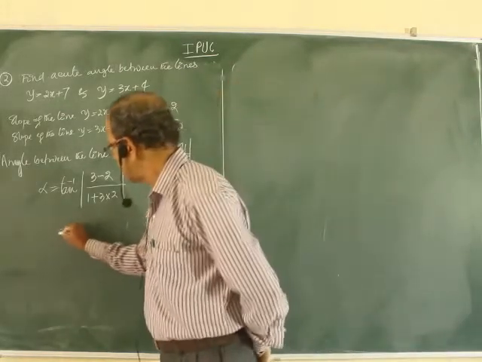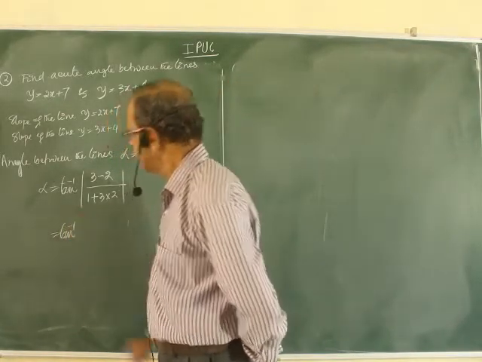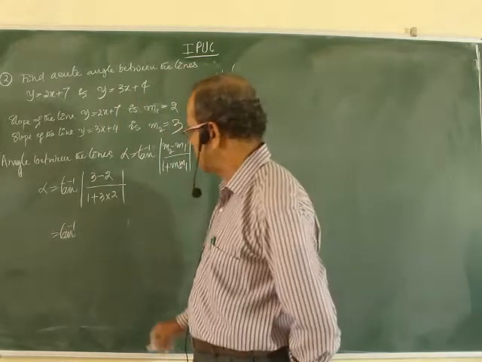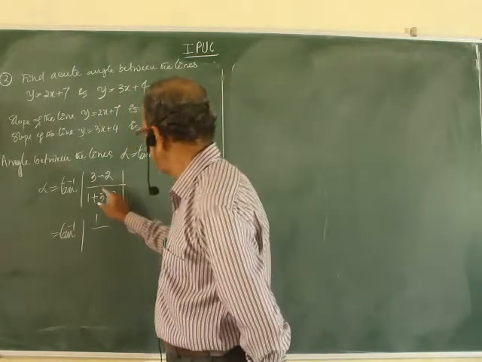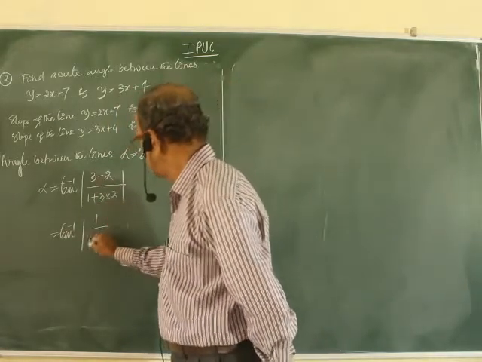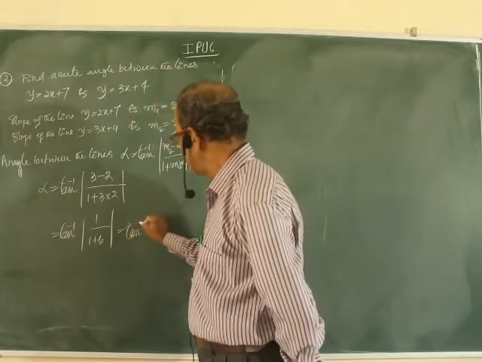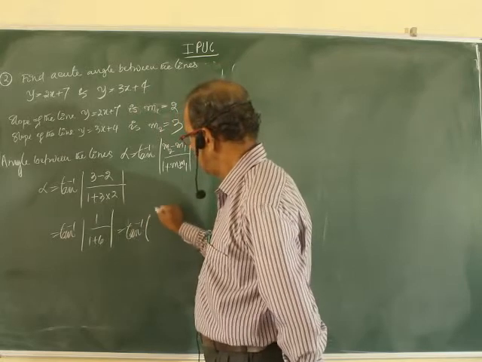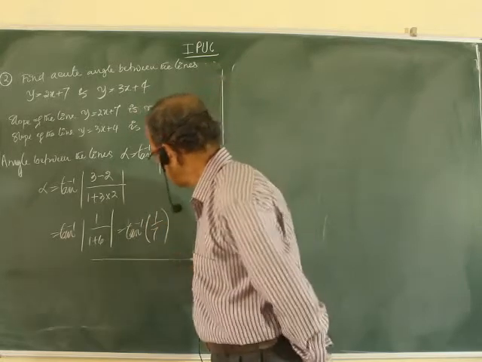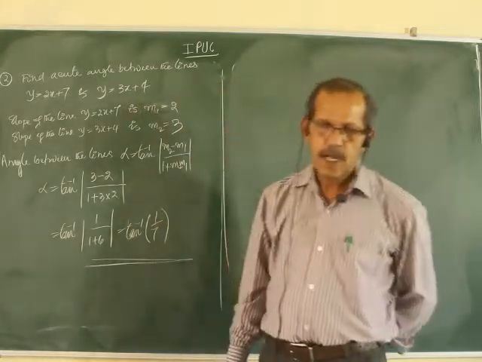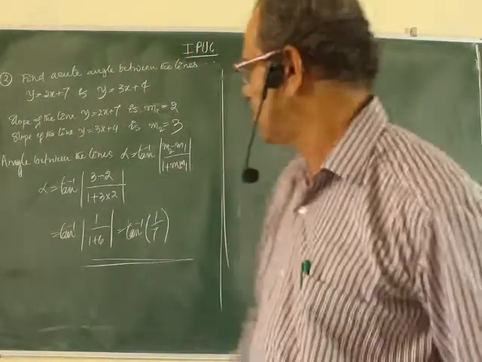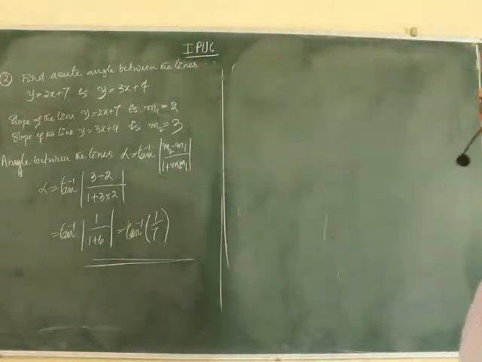Answer is 1 by 1 plus 6, tan inverse of 1 by 7. Angle is tan inverse of 1 by 7.